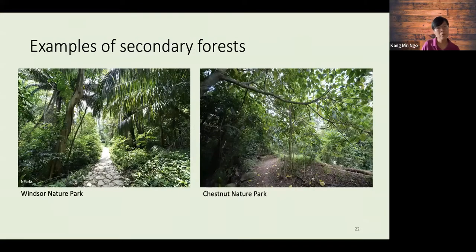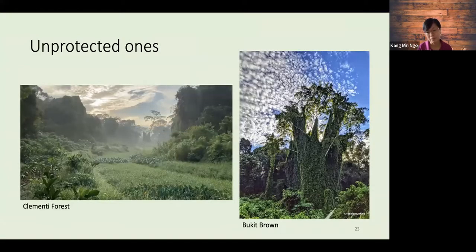So some examples of secondary forests. These are the parks that are under NParks jurisdiction: the Windsor Nature Park on the left and the Chestnut Nature Park on the right. But there are also some unprotected secondary forests, for example, Clementi Forest on the left. We saw last year that this is still a very valuable forest.